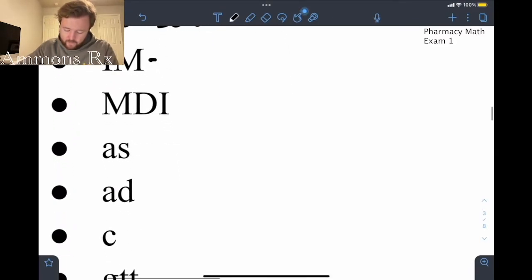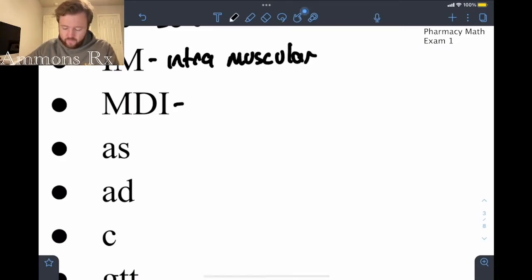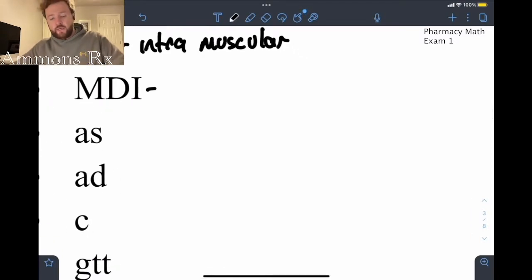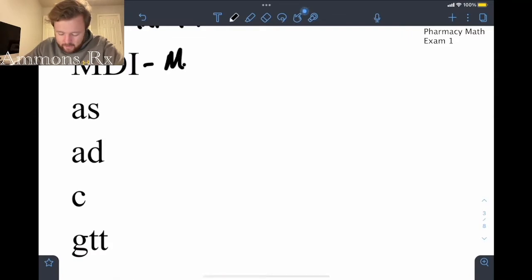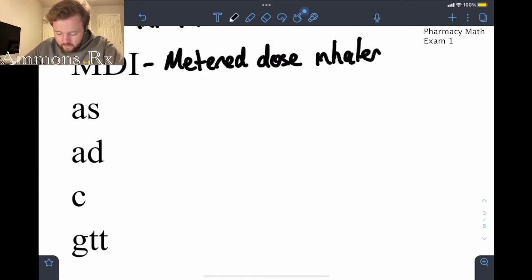IM, intramuscular. MDI is one that's specific to the pharmacy, and it's a metered dose inhaler. Okay.